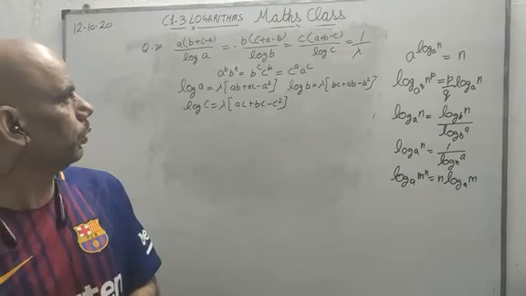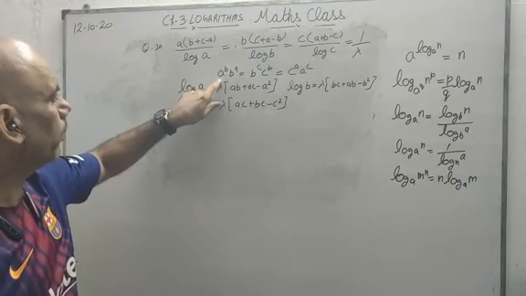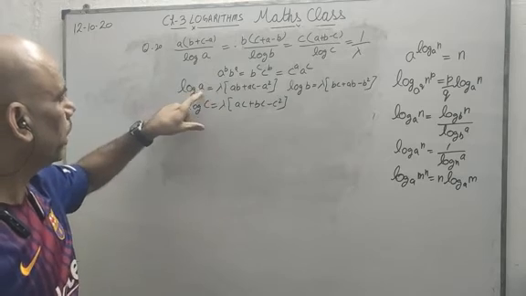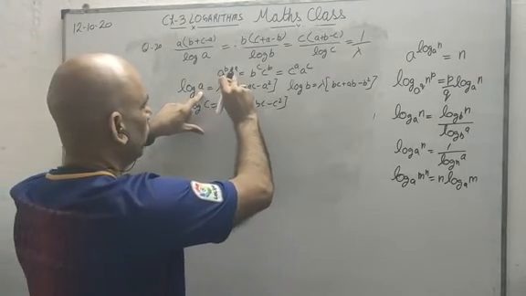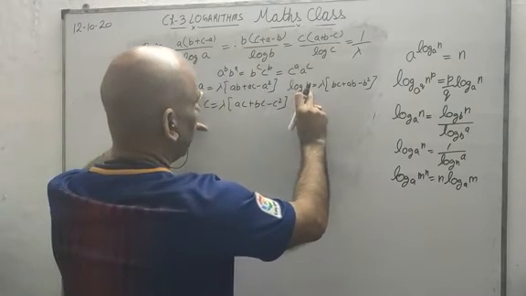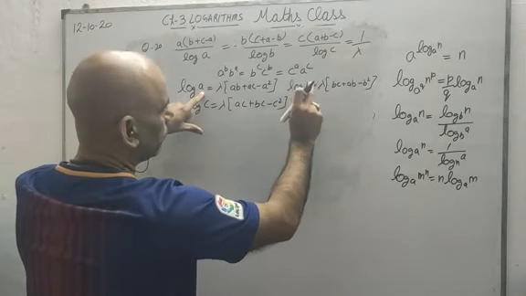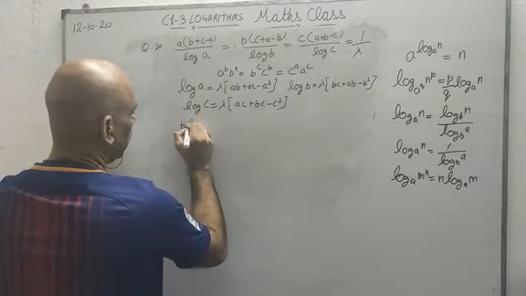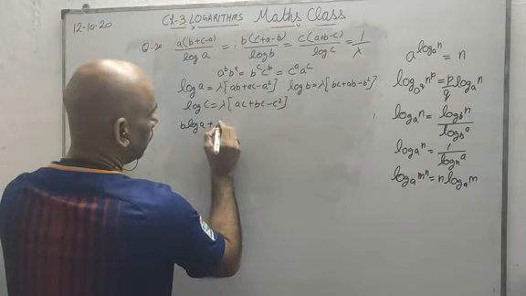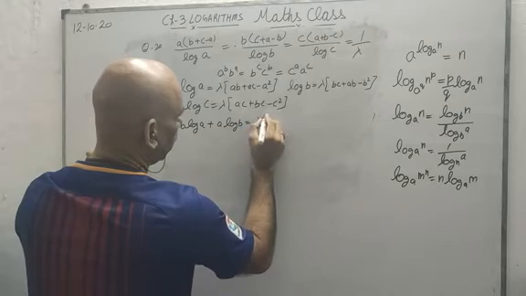And then what I want to do is create log a to the power b. So for a to the power b, I will have to multiply by b, and then I want to create b to the power a, so I will multiply that by a. So I got b log a plus a log b, as lambda is out.